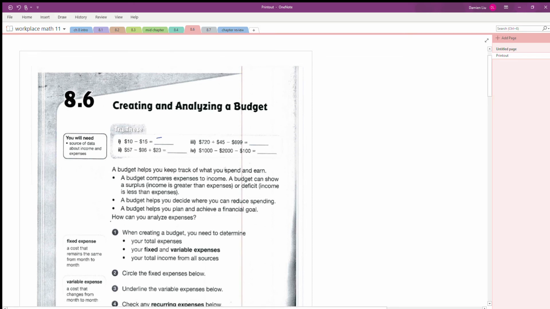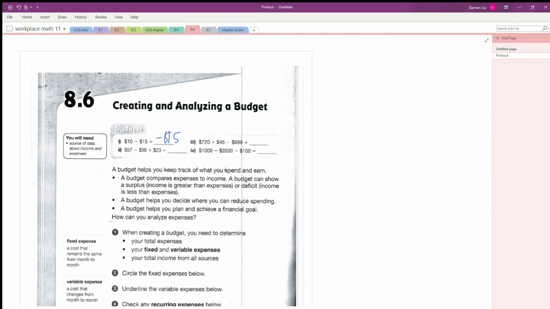So it's minus $5, okay? Now, we usually don't see money as being negative, but when we talk about a budget, it is possible to have negative money. So it means that you're not making as much money as you're spending. That would be negative money.